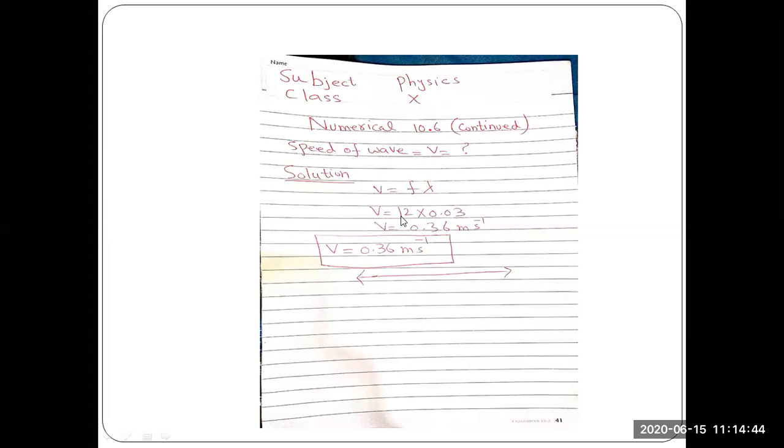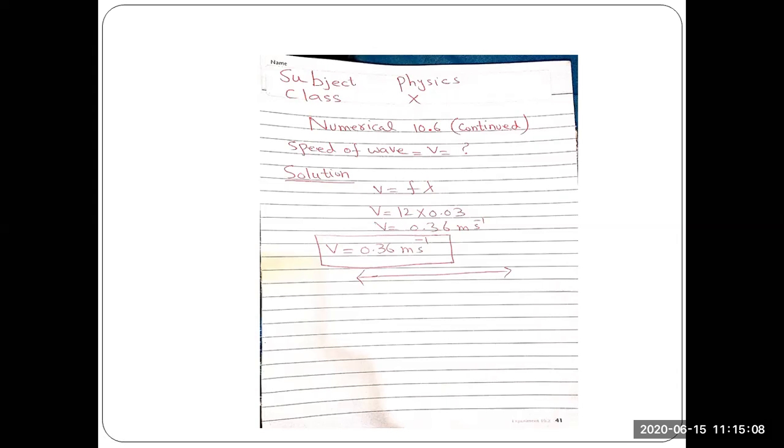If I put the values, f is equal to 12 and lambda is equal to 0.03. If you multiply 12 by 0.03, you will get 0.36 meter per second. V equals 0.36 meter per second. This is the end of numerical 10.6.